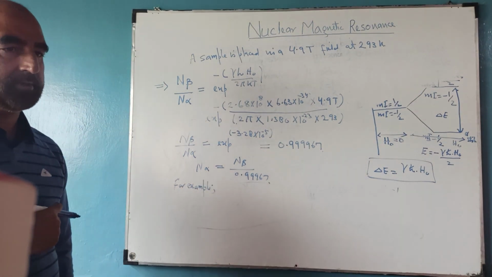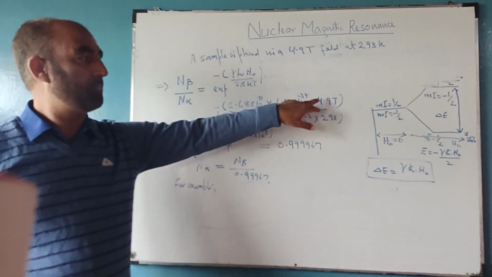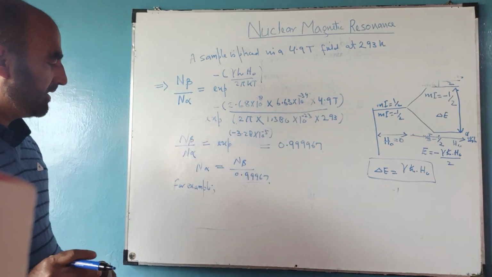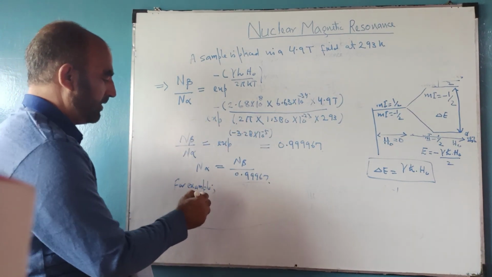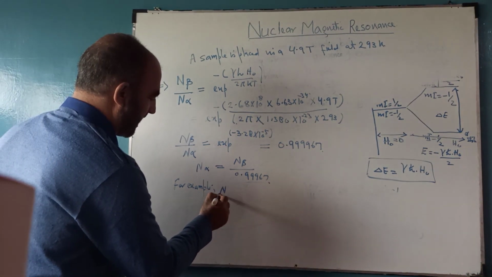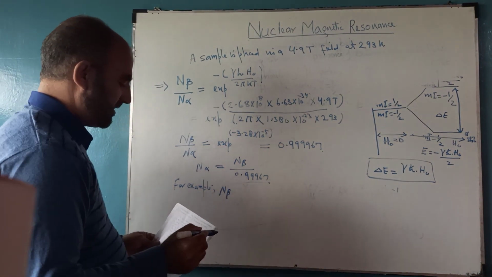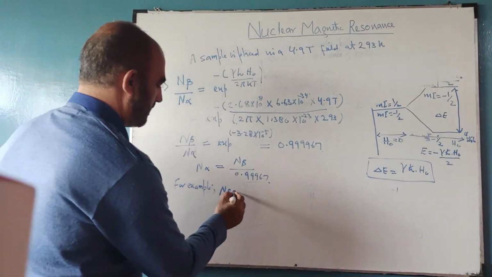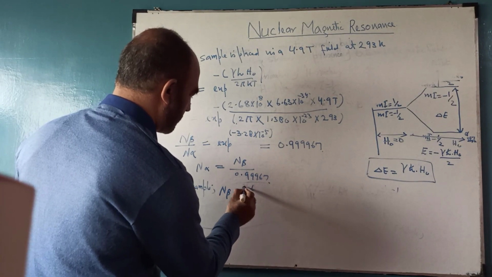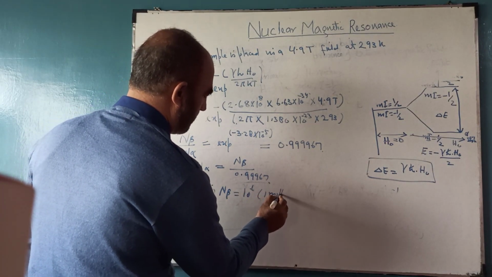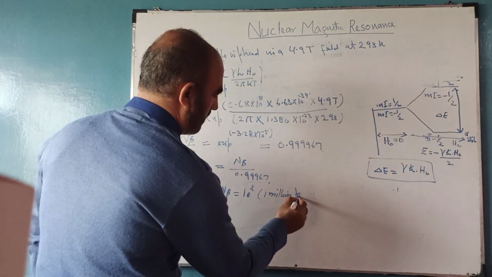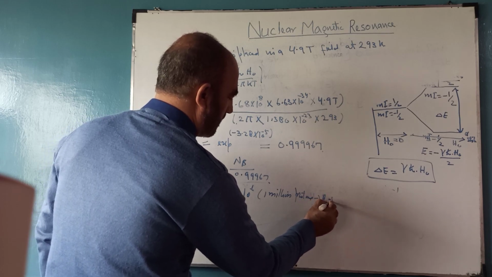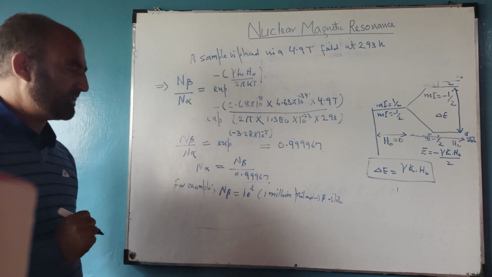Now for example, in these conditions, where the field is 4.9 Tesla and the temperature is 293 Kelvin, if the population in the beta state, the higher state, is 1 million, that is 10 raised to power 6 protons, how many are in the alpha state?